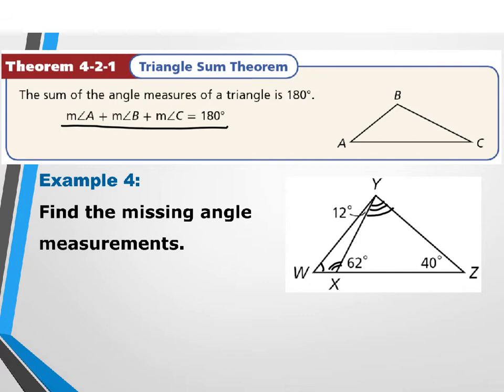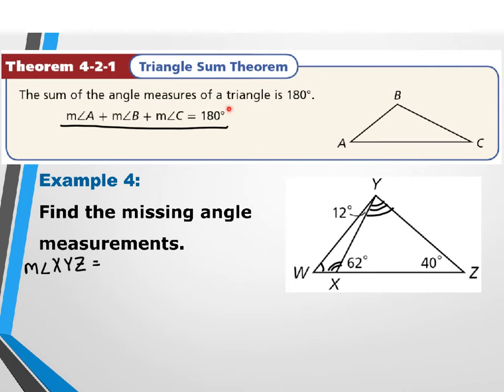So, measurement of angle XYZ. That's the one I marked up here with 3 angle markings. How are we going to find that one? Well, this triangle right here, XYZ, has 62 degrees and 40 degrees already inside 2 of the angle measurements.